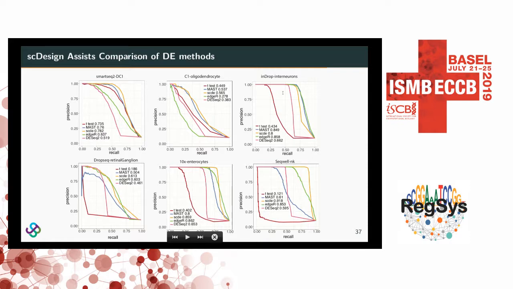But if we look at inDrop, Drop-seq, 10x, and Seq-Well, then t-test is extremely bad. This is actually not surprising because for those 4 protocols, the Gaussian assumption, which is needed by the t-test, is clearly violated. While for those 4 protocols, the specifically designed single-cell methods have advantages.